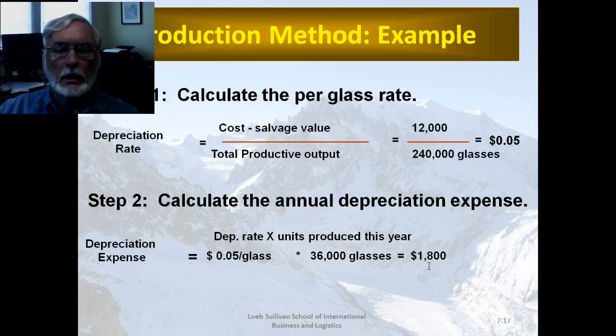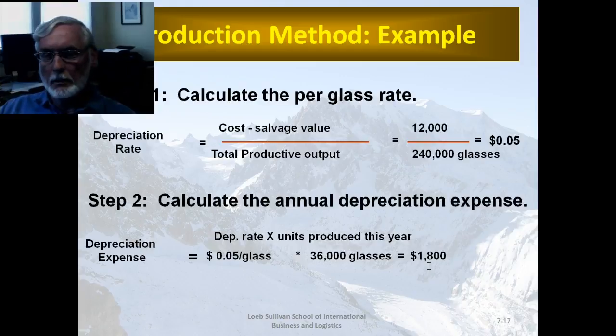So in the straight line method, we have $2,000 the first year. In the units of production method, because we squeezed 36,000 glasses, we have $1,800. Next year, we might squeeze 50,000 glasses, and we'll have $2,500 of depreciation.